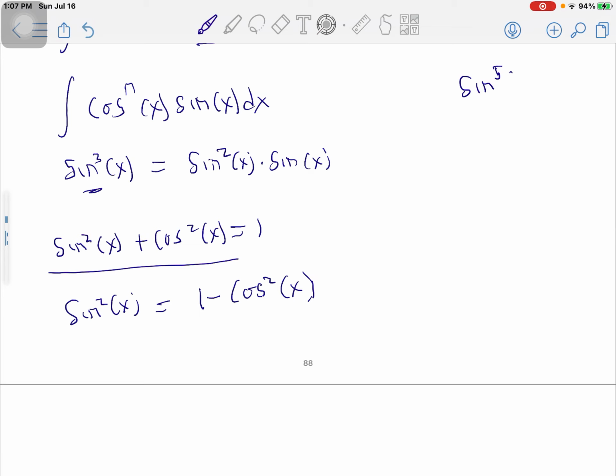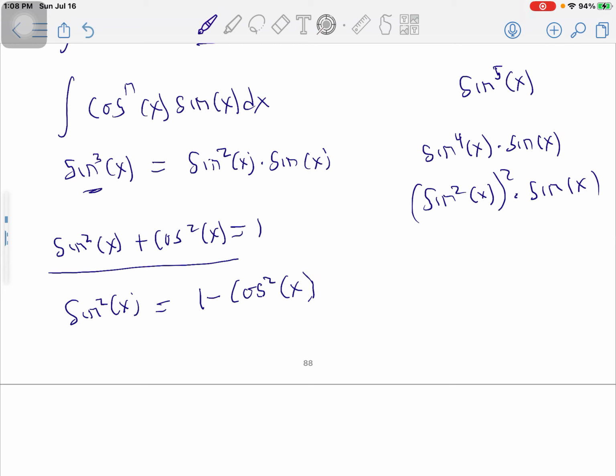For example, if the sine has a power of 5, you need to bring one sine outside. So we get sine power 4 of x multiplied by an additional sine of x. When you do that, the sine function has an even power, and we can rewrite it as sine square of x all power 2 multiplied by sine of x.